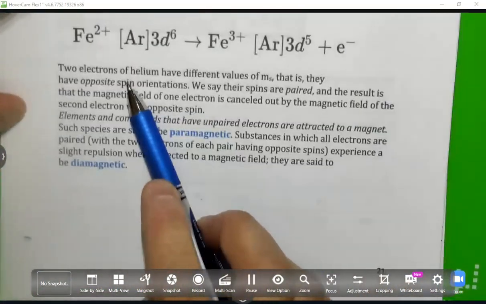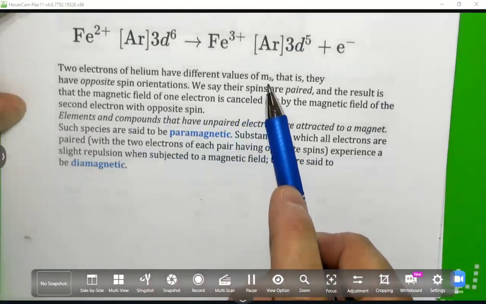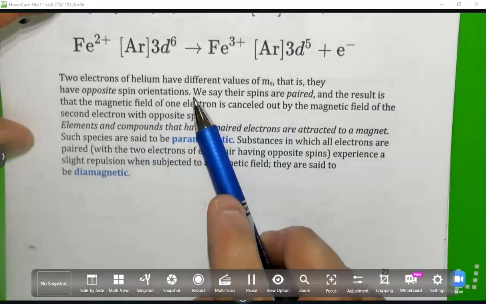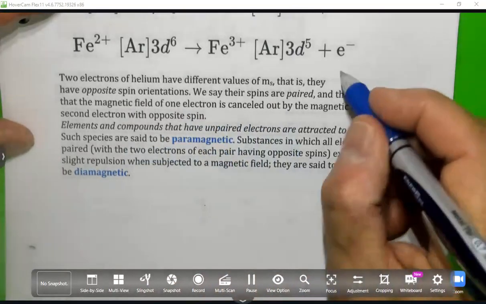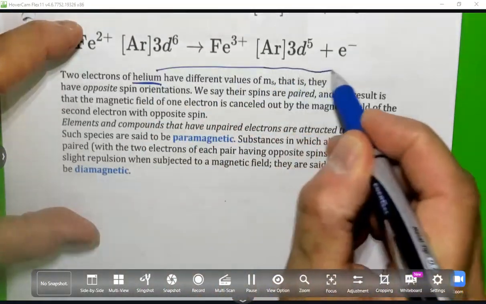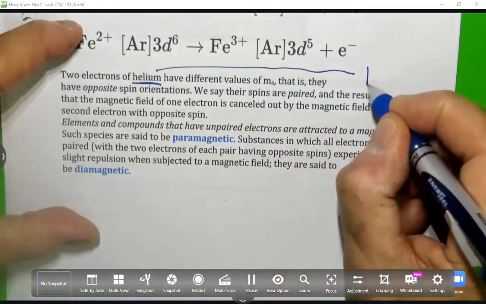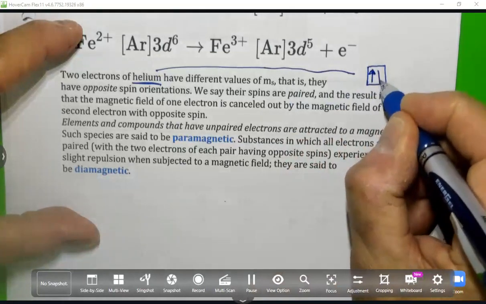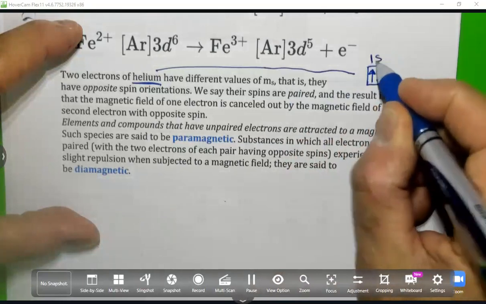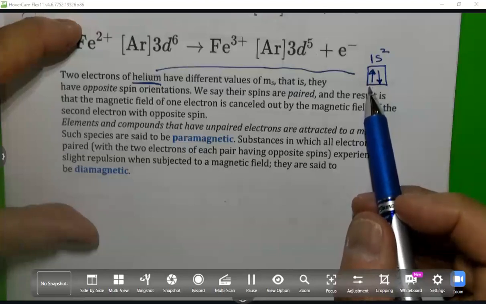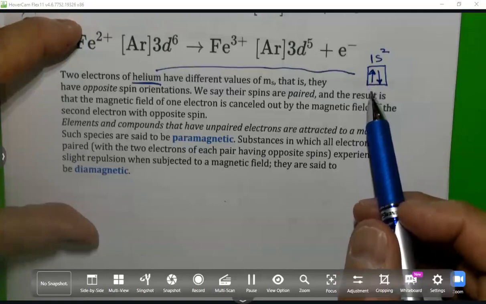Two electrons of helium have different values of ms, spin. That is, they have opposite spin orientations. So for helium, it would simply be 1s2, one spinning, one's going clockwise, one's going counterclockwise.